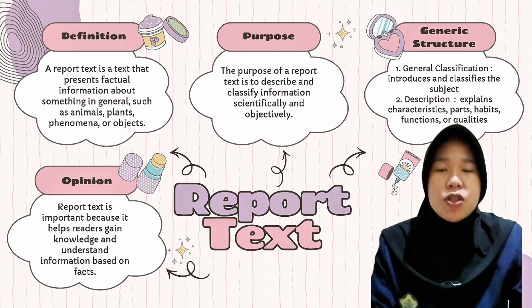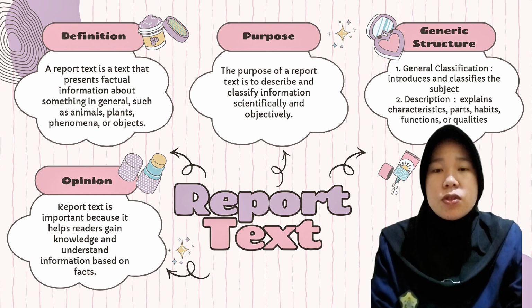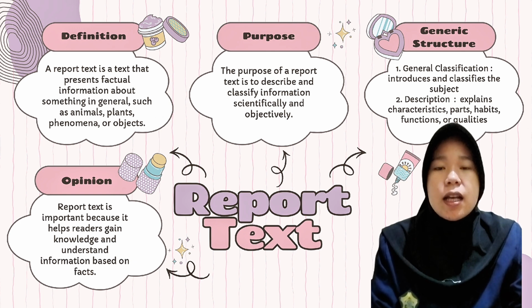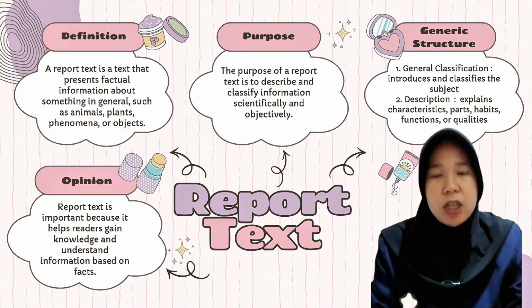The first one, general classification. This part introduces and classifies the subject being discussed. The second, description. This part explains the characteristics, habits, functions, qualities, or parts of this subject.